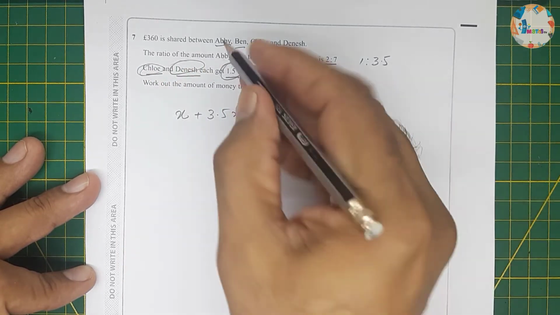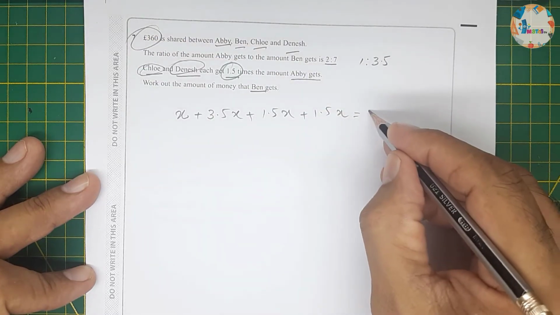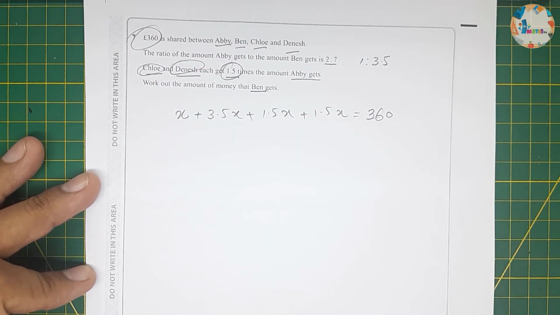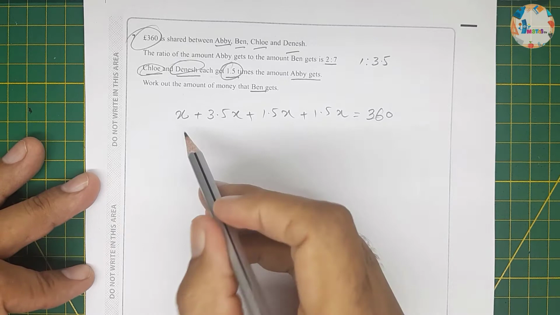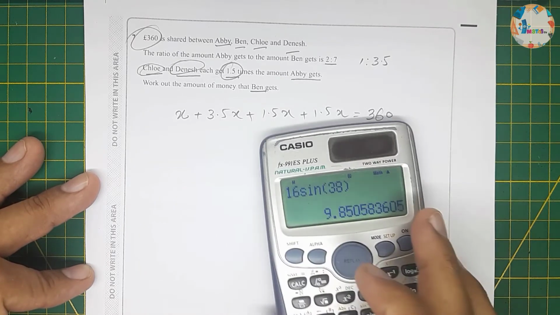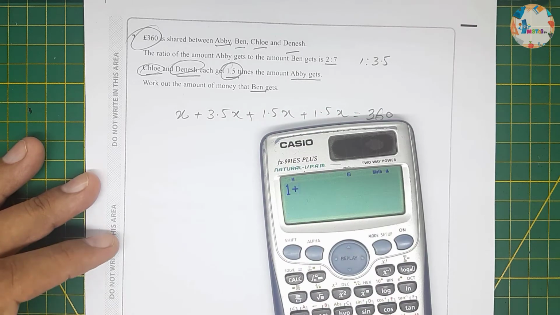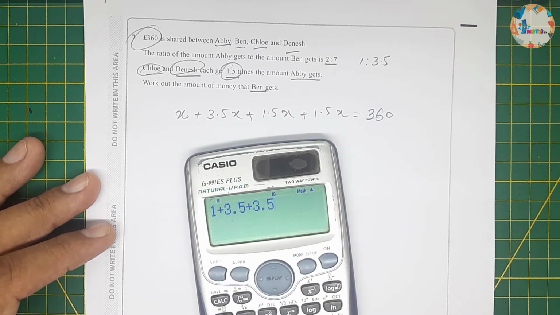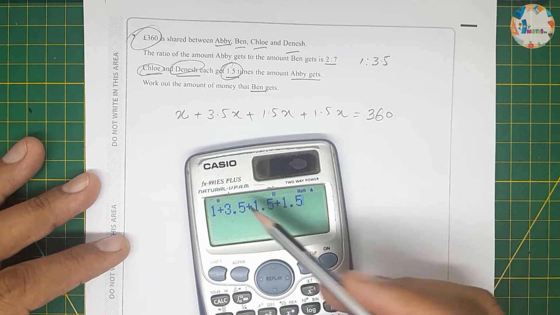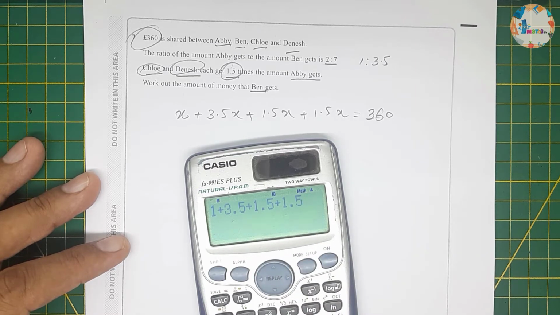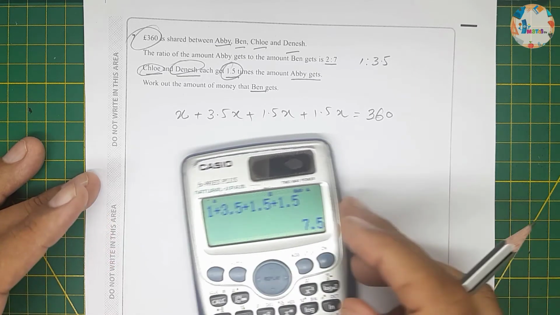And this is equal to 360 pounds, so we'll write equal to 360. After writing this equation, we'll just add these numbers. So we add 1 plus 3.5 plus 1.5 plus 1.5. These are the 4 numbers, and this will be equal to 7.5.